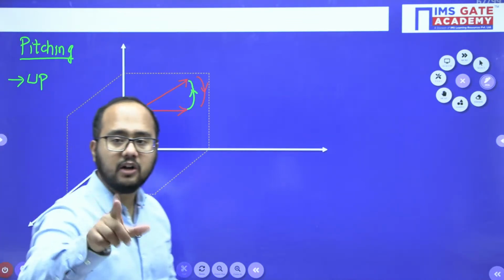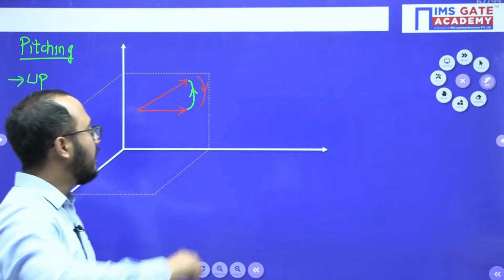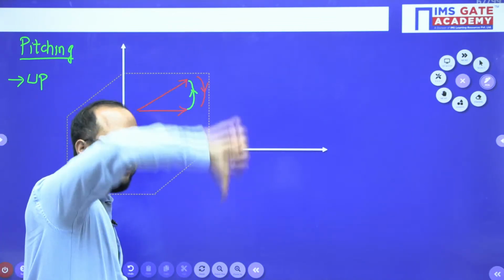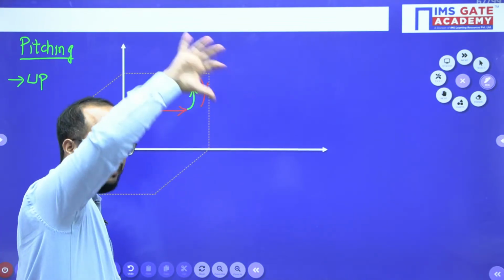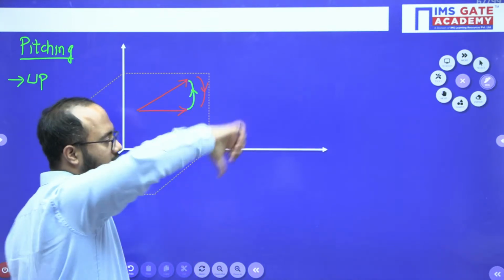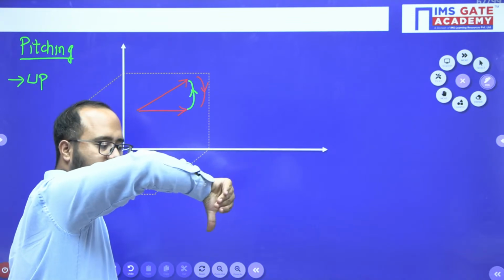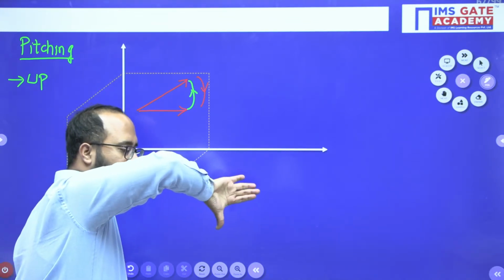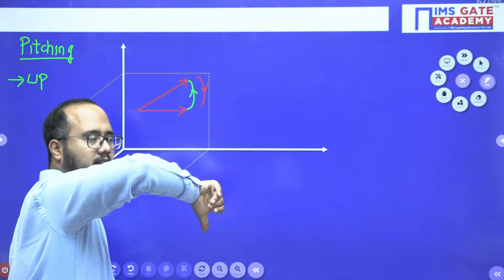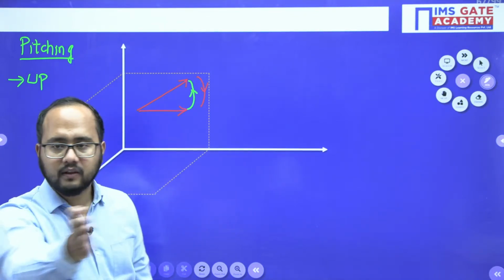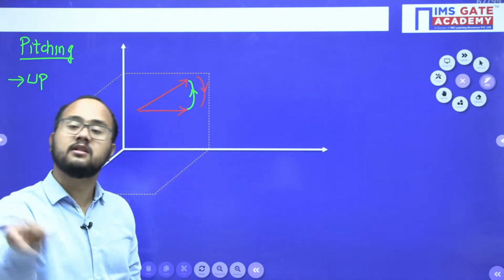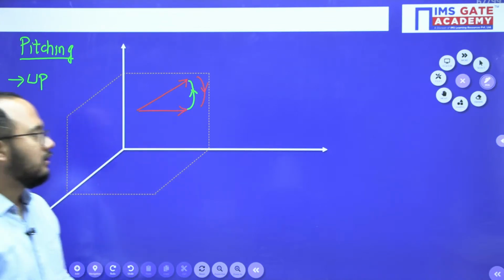Now please try to understand, everyone, the arrow is downward. Now you have to use your right hand in the vertical plane. Thumb goes down, the fingers will curl like this. Now when the fingers curl like this, what will happen? The ship will steer towards starboard. Are you getting the point?